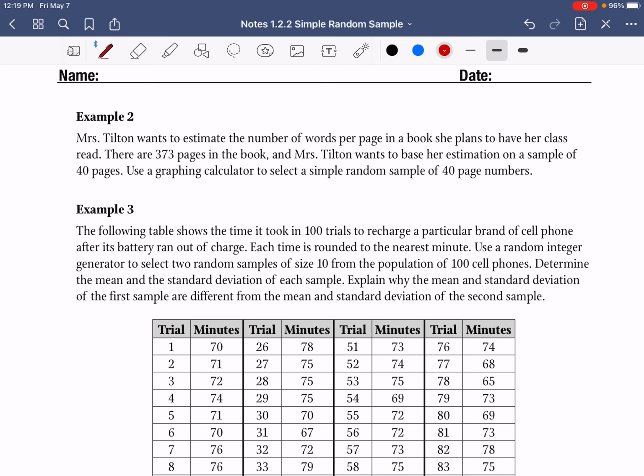We're going to go ahead and just use an online generator. And I don't want you guys to have to write down 40 different numbers. So we're just going to write down how you would do it. We're not actually going to come up with our numbers, but you're just going to go to an online generator. Just Google random number generator.